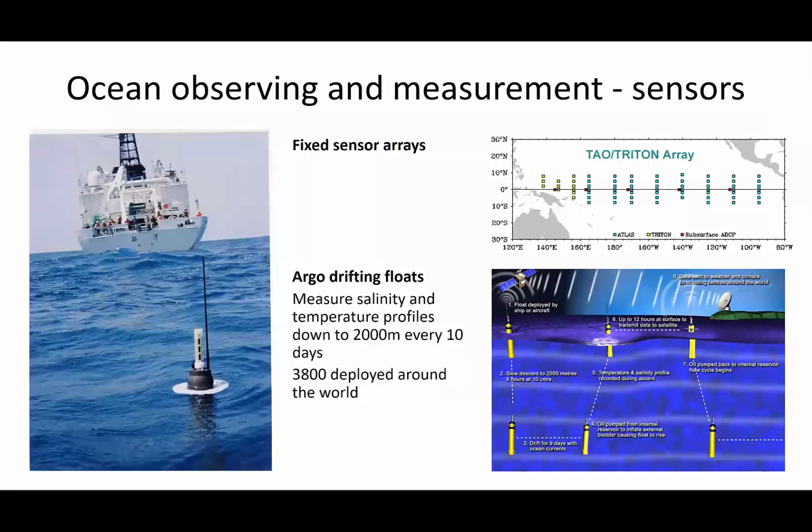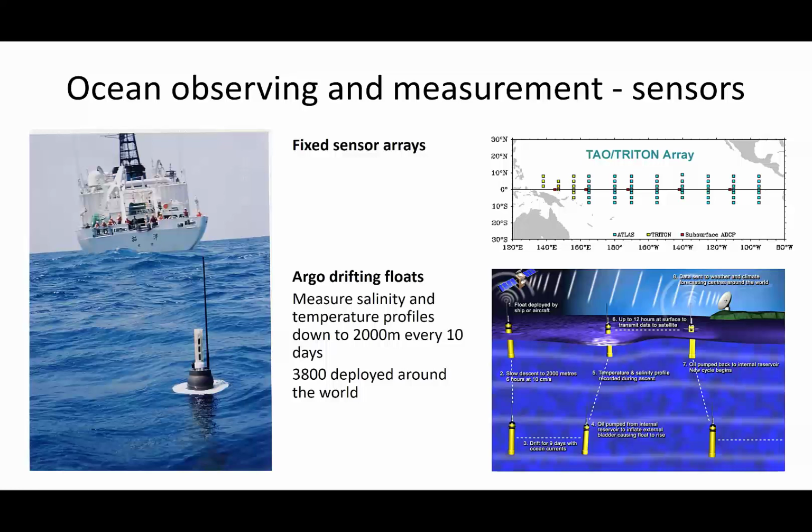So another method of measuring the ocean is to deploy sensors out in the ocean, like the TAO/TRITON Array, which is a series of sensors set out across the Pacific Ocean from east to west in this manner, and they're tied to the bottom through wires, which keeps them in place. And then there are a number of sensors hanging on the wire, and the wire will have a float at the top.